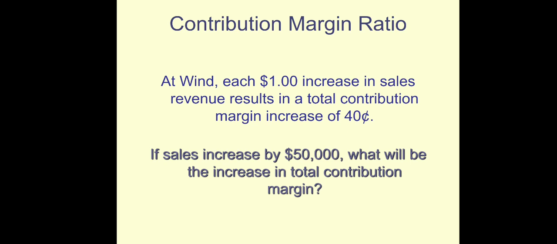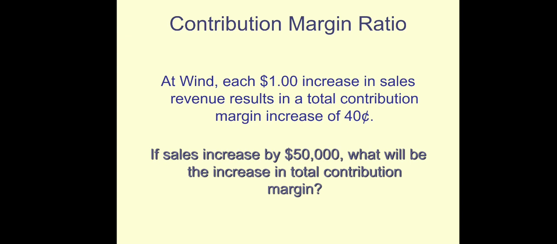That is what the CM ratio percentage shows. For every $1 increase in sales, contribution margin increases by 40 cents, because it is 40%. If the CM ratio is 50%, then the contribution margin increases by 50 cents.